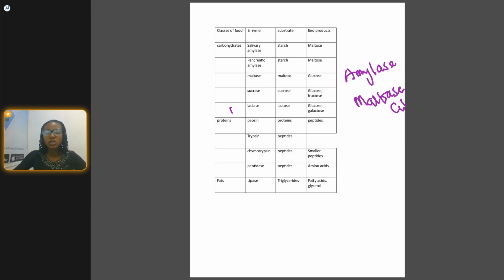Okay, so coming to another enzyme known as sucrase, from the word sucrose.